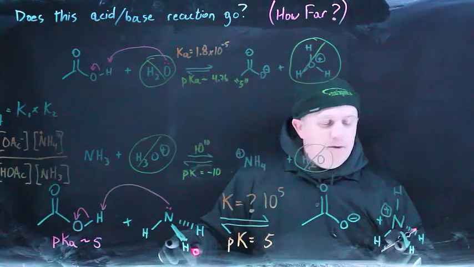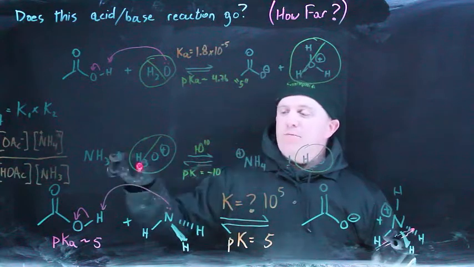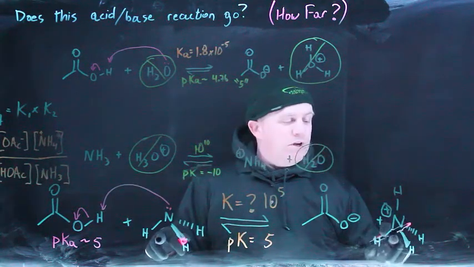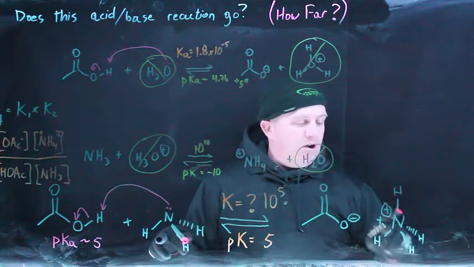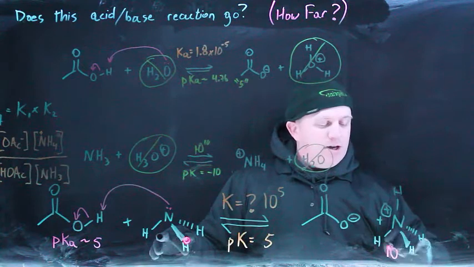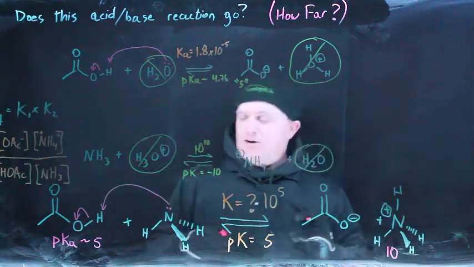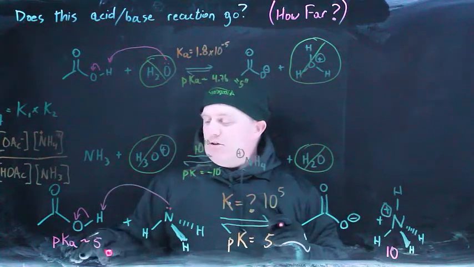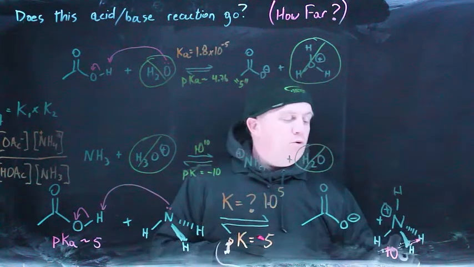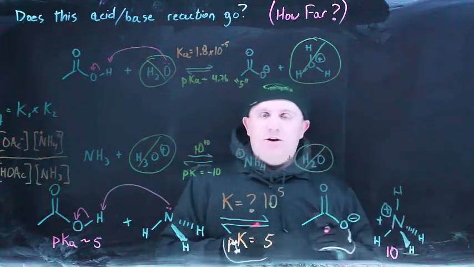Between ammonium and ammonia, there is likewise a pKa relationship, and though I've drawn it out this way as 10 to the minus 10th, what you really want to keep in mind is that for ammonium going to ammonia, the pKa there is 10. And again, these are going to be numbers that I just want you to simply memorize on a short list. Carboxylic acid in general is pKa of 5 going to its conjugate base. Ammonium going to ammonia is 10, and that also will be on the short list.